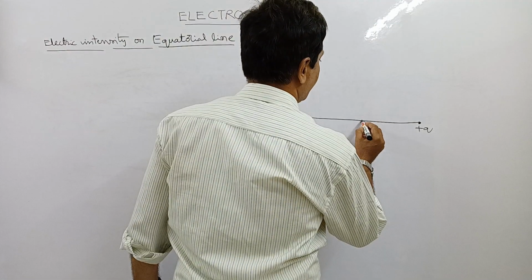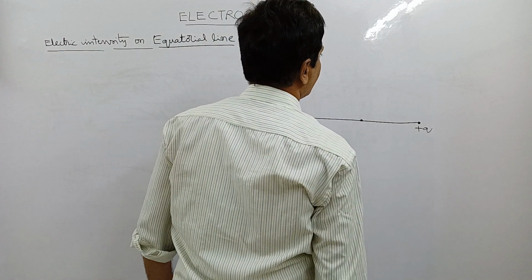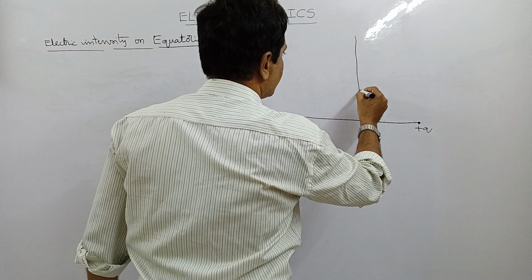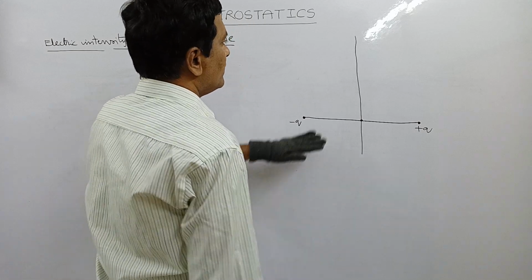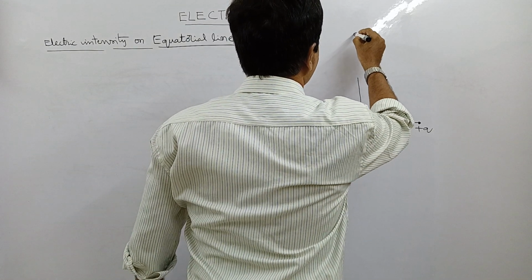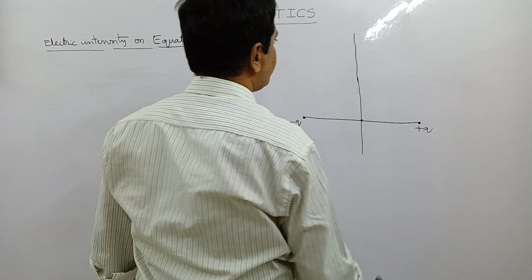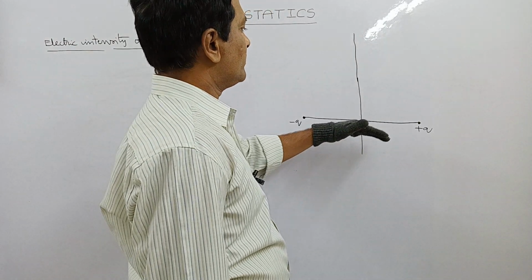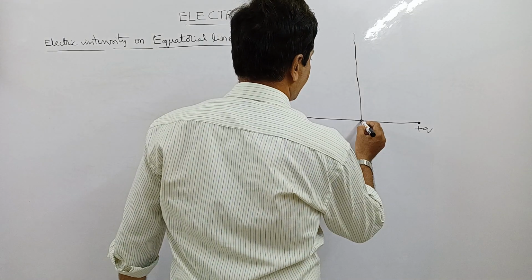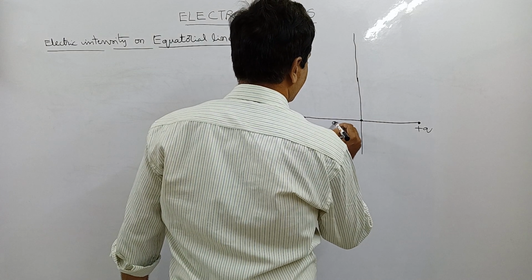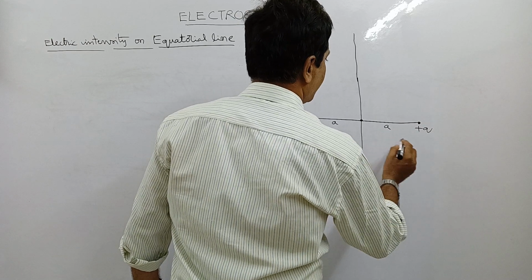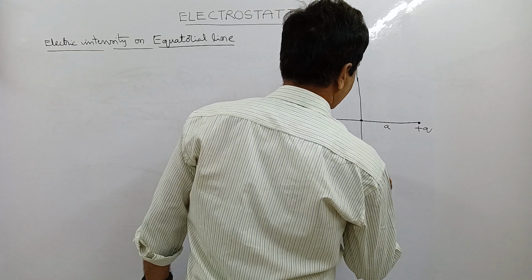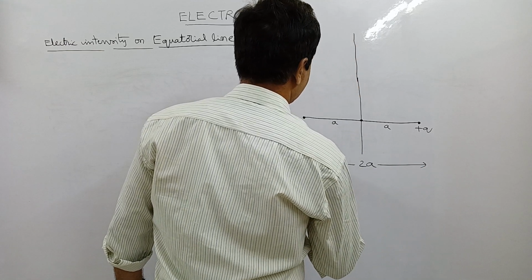The center of the dipole is at O. So the equatorial line, which passes through the center of the dipole, should be a straight line perpendicular to the length of the dipole. This distance is a, this distance is a, so the distance between the two charges is 2a.